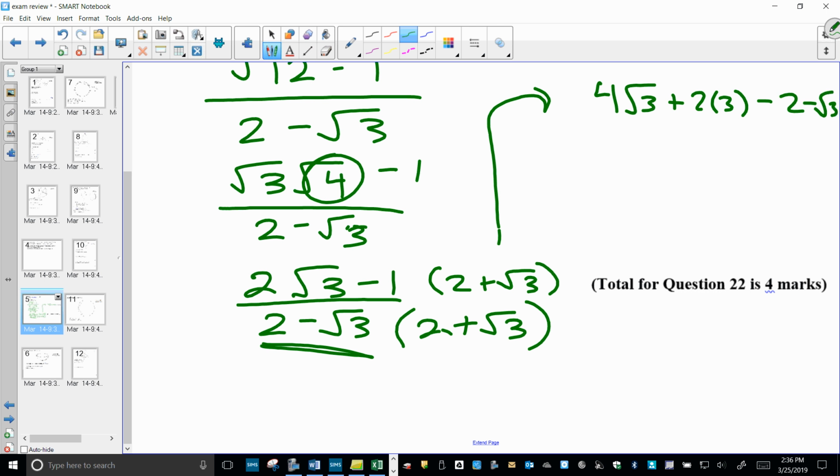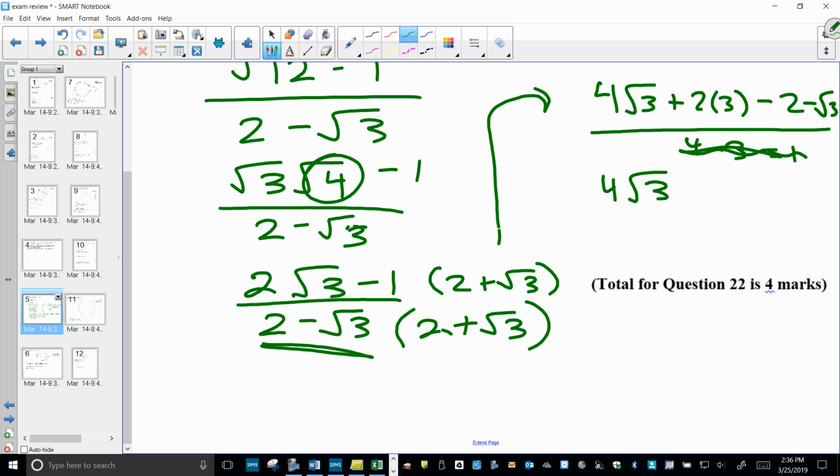And then on the bottom, it just simplifies to 4 subtract 3, which was 1. So then I simplify further, and then we can see that equals 1, because 4 take away 3 was 1.